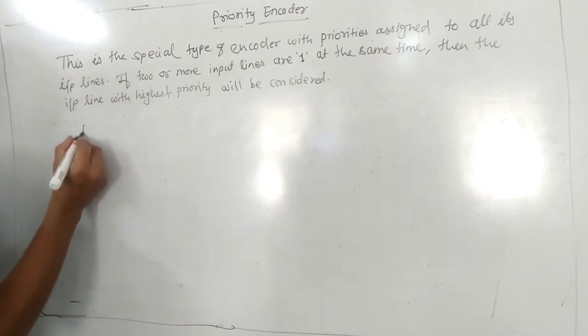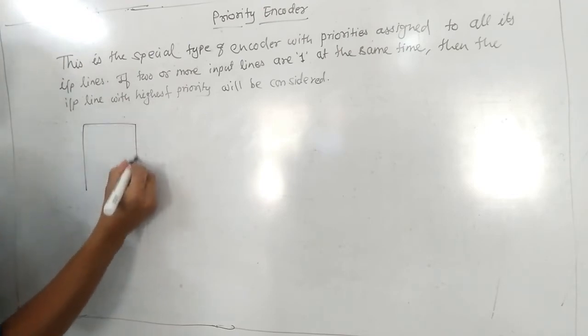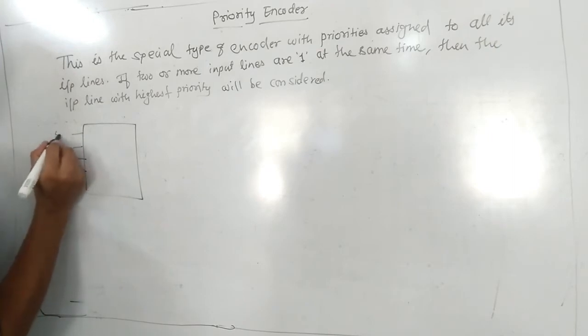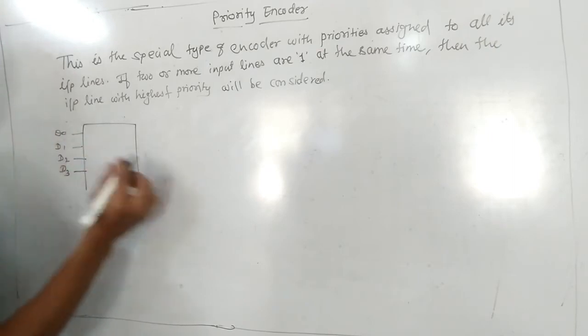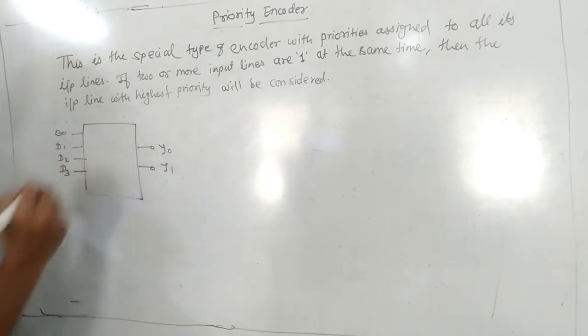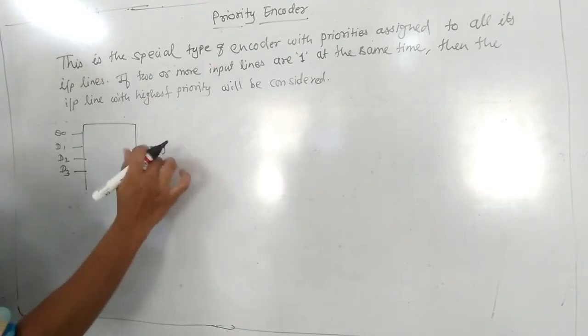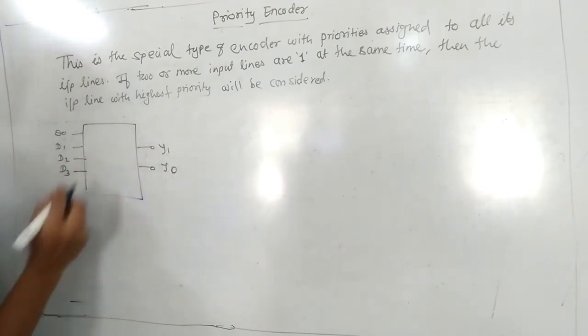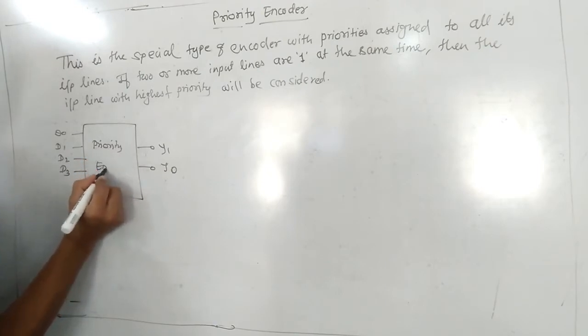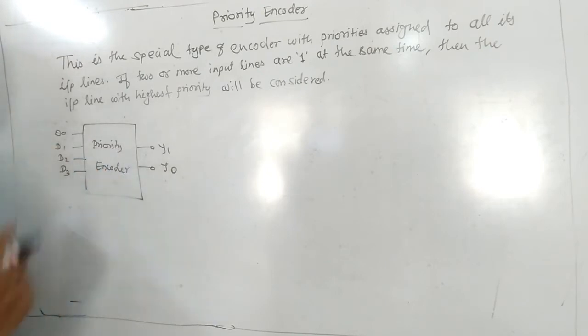Here is the block diagram for this priority encoder. We have 4 input lines, D0, D1, D2 and D3, and 2 output lines, Y0 and Y1. This is a priority encoder combinational circuit.